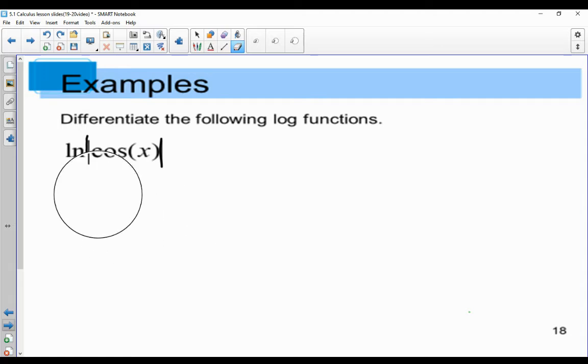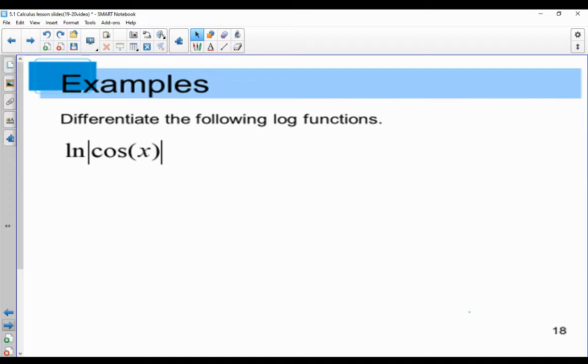And that is also why we have absolute value bars here, to prevent cosine from ever becoming negative inside the natural log. The derivative, however, can be negative. It's just we can never have a negative inside the natural log, because then our calculator will get cranky and no one wants that.